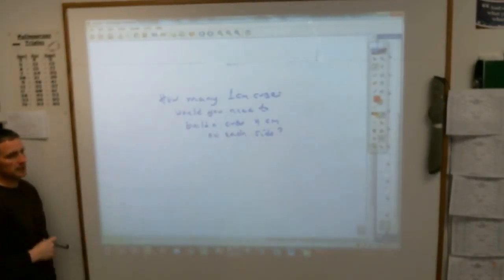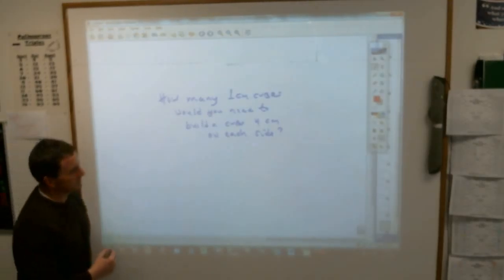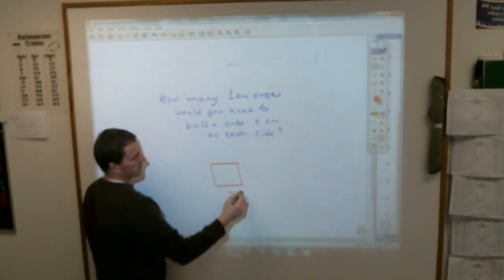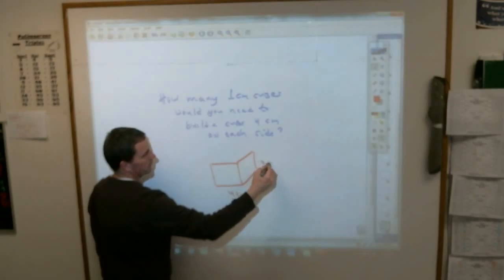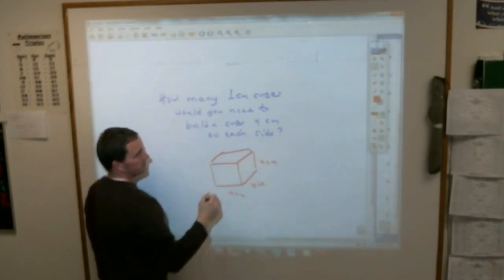If you saw this problem in your book, Lady Kavari, what would be the first thing you would do? See how easy that is? And what is this cube? It is 4 centimeters by 4 centimeters by 4 centimeters.